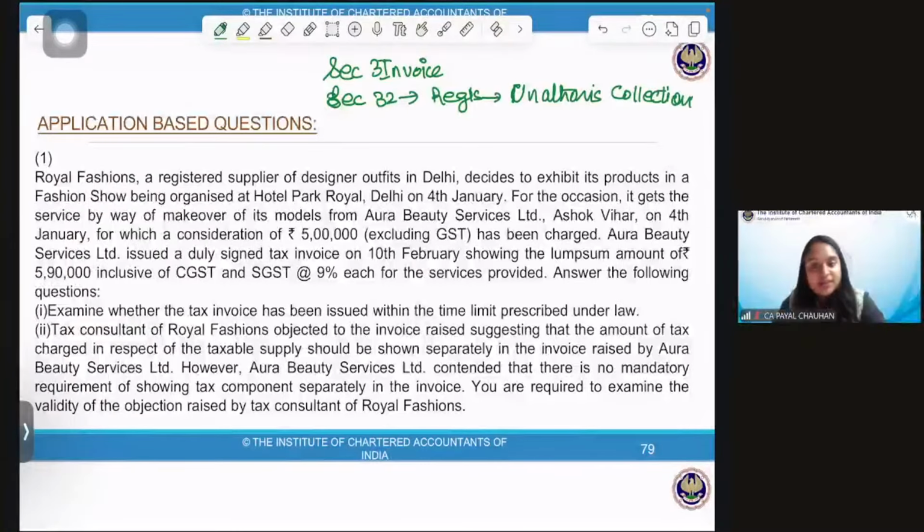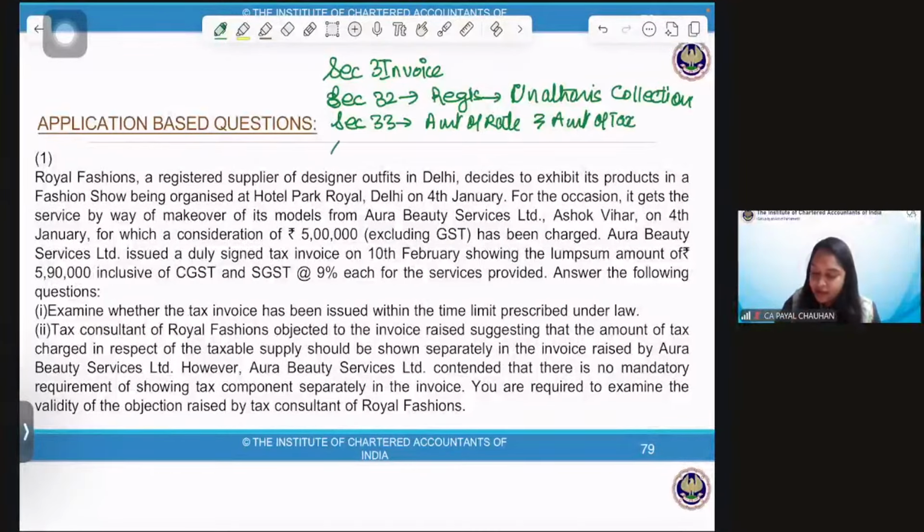Of course, invoice can be issued only by a registered person. If I'm not registered, I can't collect tax. Section 33, I got registered. Now, the rate and amount of tax to be mentioned. And in the last, 34, credit note, debit note.